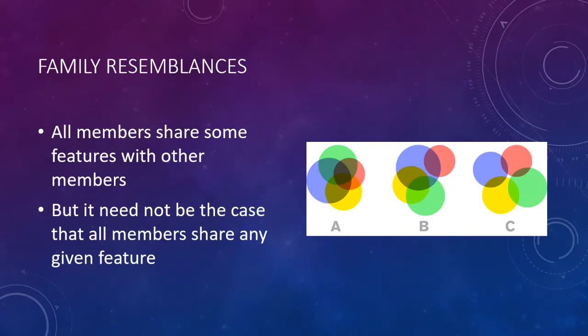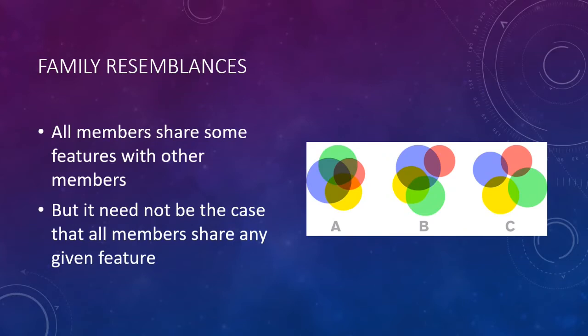So I got my mother's chin and my father's ears. I got eyes that look like my sister's, a nose that looks like my brother's. But there's no one feature that's shared by every member of our family, right? There's no one defining feature where you can go, that's it, that's the thing everybody has, and if you have it, then you're in that category. We've got a kind of overlapping set of features, and not everybody has every one of those features. Okay, so that's the family resemblance metaphor.